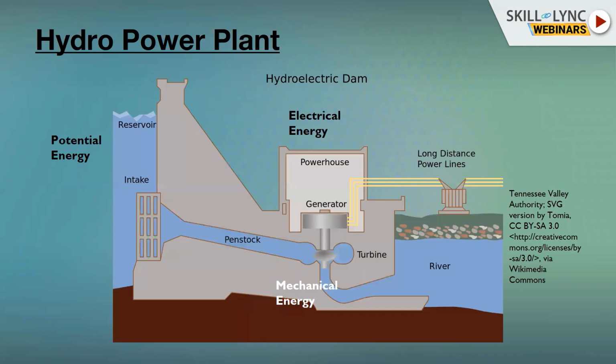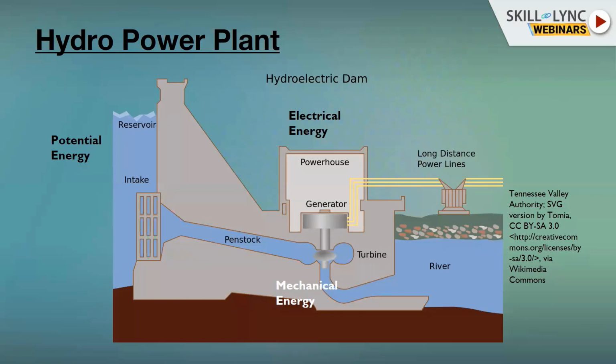And you can see the picture. One small hydroelectric dam has been given here. In this, the potential energy is in the reservoir, where the water has been stored, and through the penstock, they supply the water stored in the reservoir slowly to the turbine.